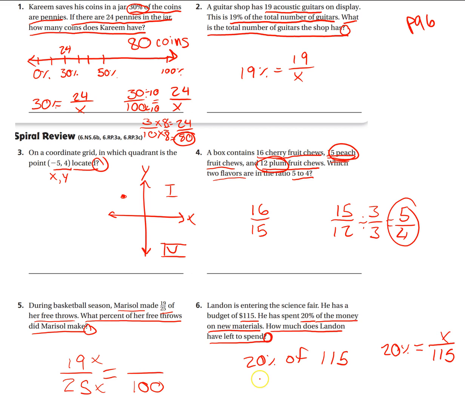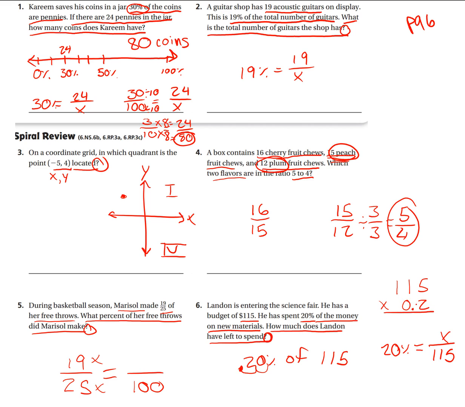Okay. Now there are many ways to solve this problem. I'm going to go over one way right now. If you solve it another way, that is perfectly okay. So the way I'm going to solve it is I'm going to change this to a decimal and multiply. So if I change 20% to a decimal, I need to move the decimal over twice to the left. So this becomes 0.2. And so I take 115 times 0.2.